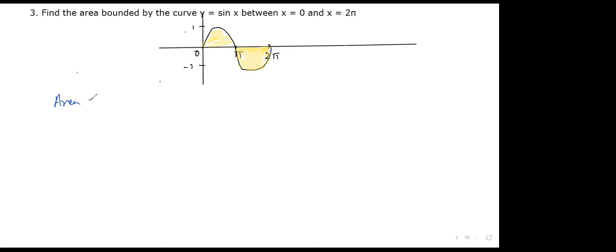Area of the shaded portion equals 2 times the integral from 0 to pi of sine x dx.